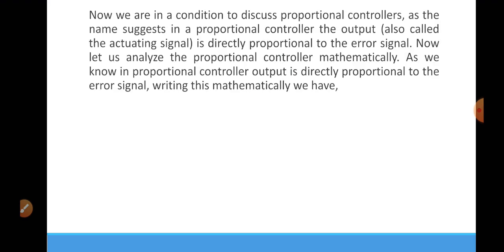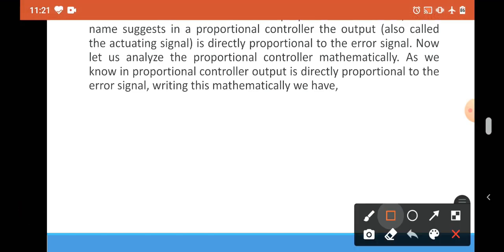Now we are in a position to discuss the proportional controller. As the name suggests, in a proportional controller the output, also called the actuating signal, is directly proportional to the error signal. The error signal is the input for a controller, and the actuating signal is the output of a controller. Suppose this is a controller, and here will be your error signal and here will be your output.